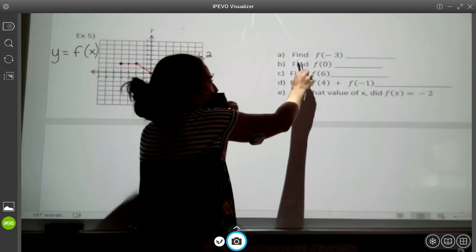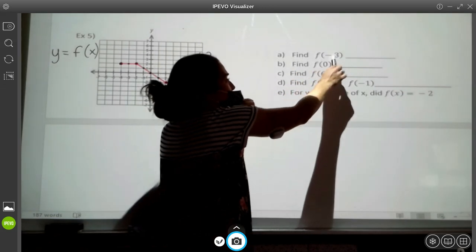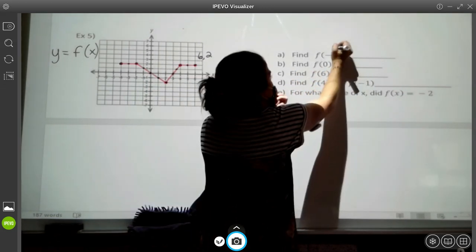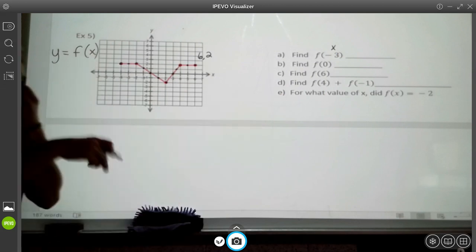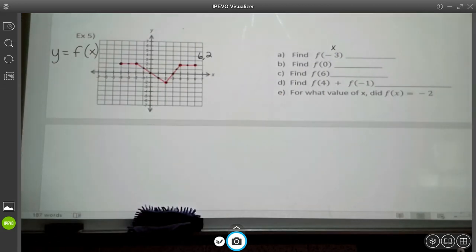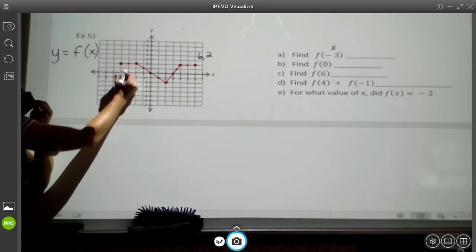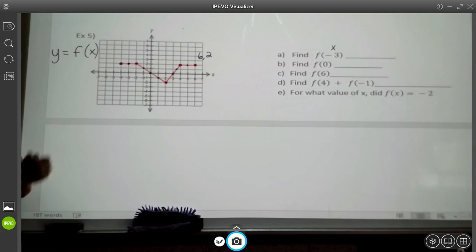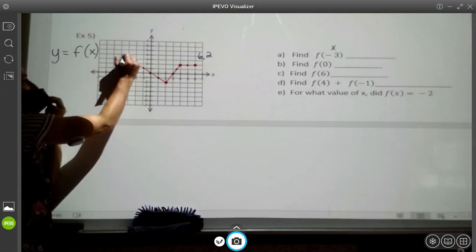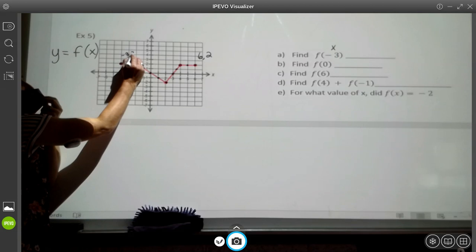Okay, so guys, if it asked you to find f of -3, so -3 would go into this function as x, what y coordinate would this function spit out? Go on your graph to where x is -3 and find the corresponding point. It's right there. This is the ordered pair -3, 2.